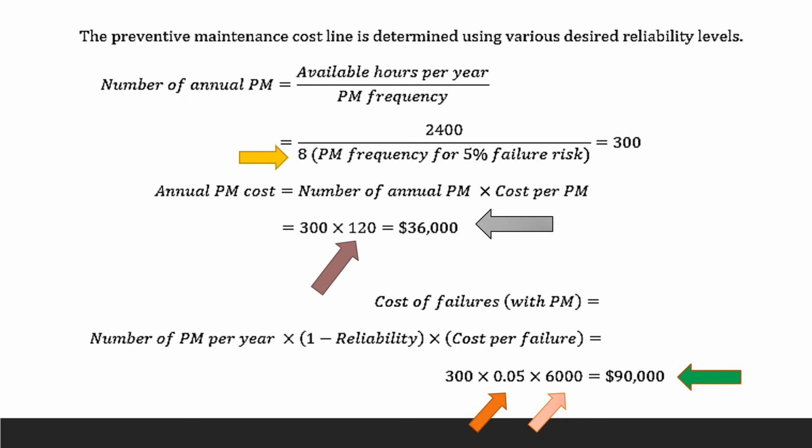But again, this failure usually doesn't happen. It is pretty rare that you will be spending $90,000 if you have the regular preventive maintenance program running, because usually we can prevent that failure.